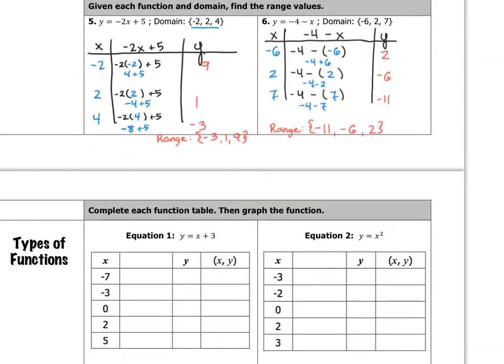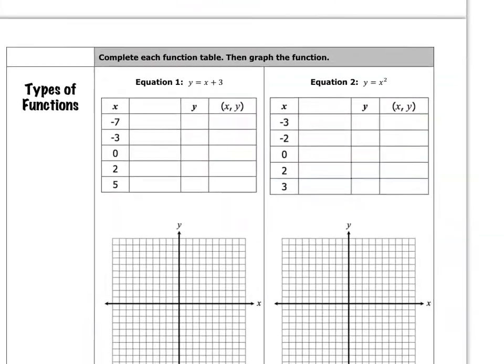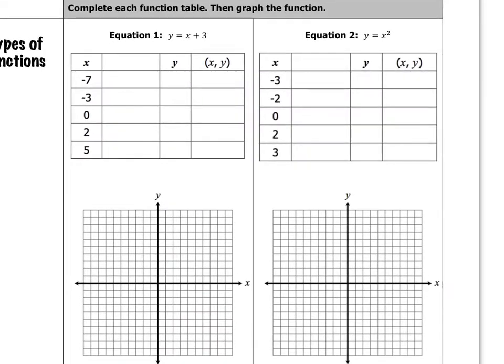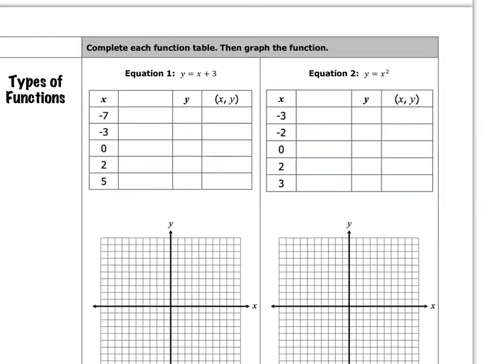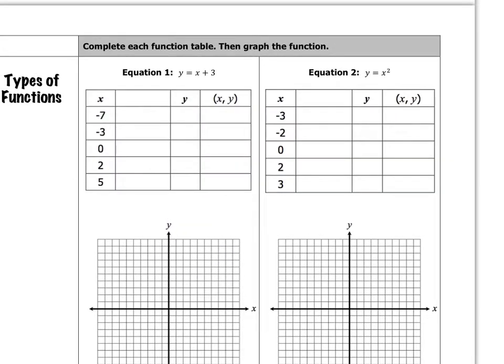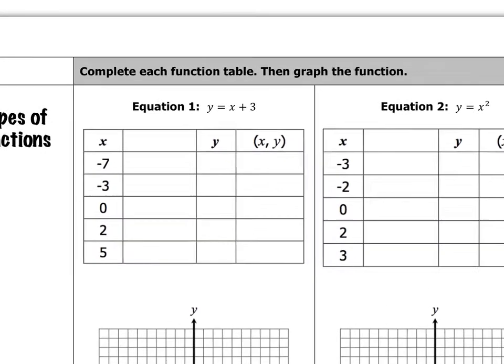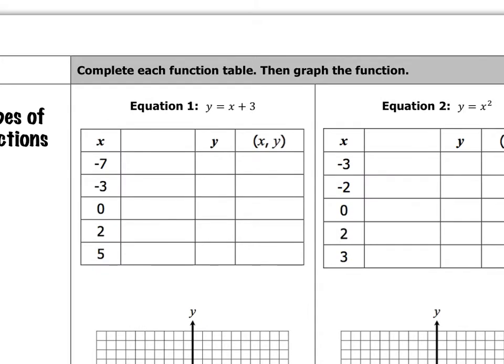Alright, going to the back side, this time we're going to put the tables together with some graphs. So we're going to do the same thing we've been doing. We're going to complete each table given the equation, and then once we have our ordered pairs, we're going to graph each equation. So this first equation is y equals x plus 3.